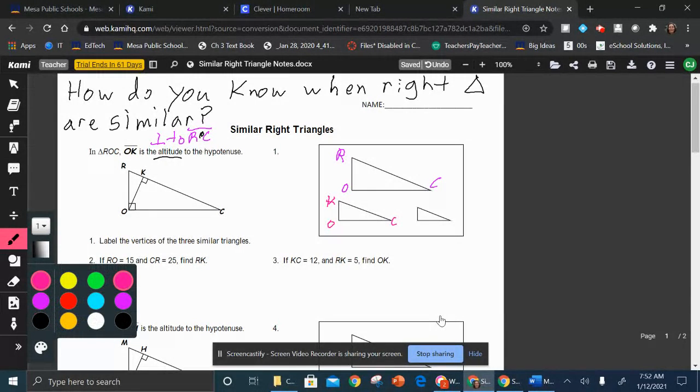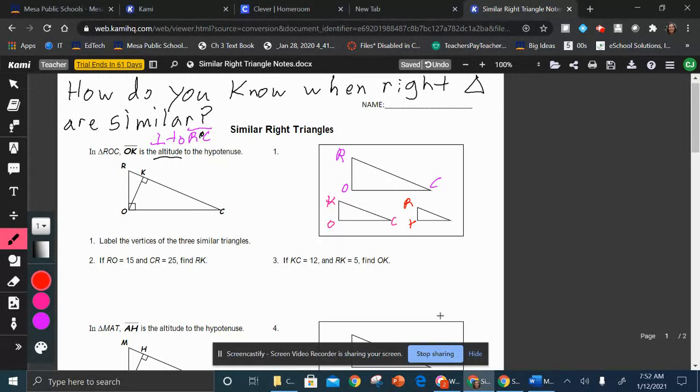Then we also have our smallest one, which is RKO. Also notice, everybody, that the right angle is right there, and diagonally across from the right angle is the hypotenuse. For all of these right triangles, diagonally across from the right angle is the hypotenuse.